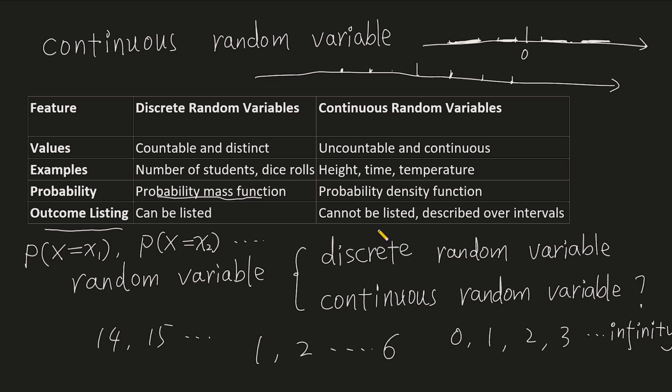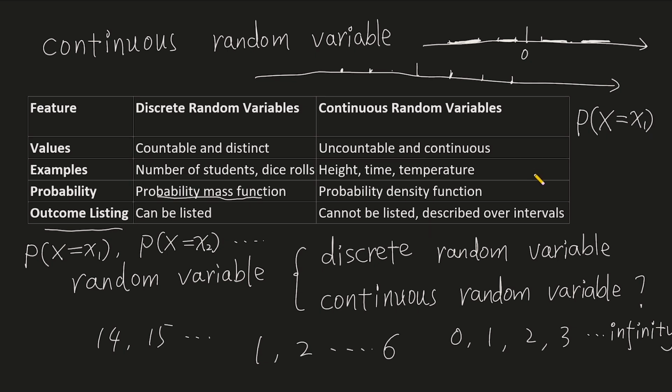But we cannot list the probabilities of a continuous random variable. For a continuous random variable, it's impossible to find the probability that it equals a value.